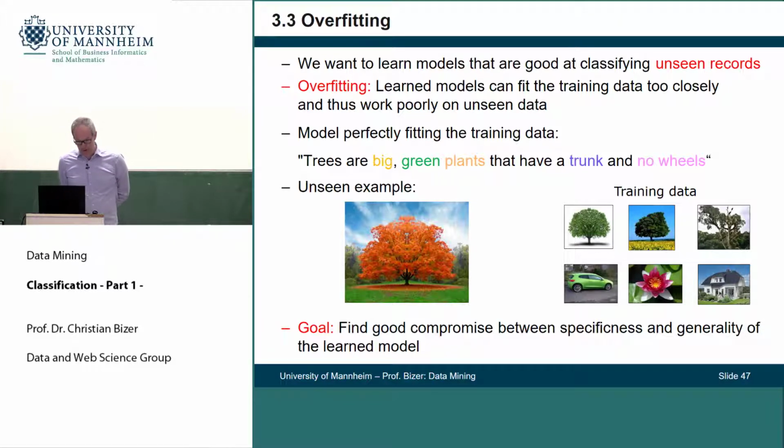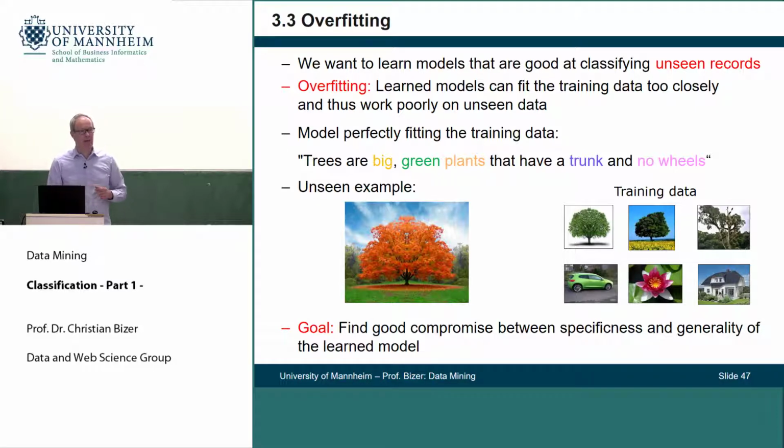We want to learn something about unseen, different customers. So yeah, we already had this example of the red tree. We've learned a model. The model, based on the training data, decided that green is a good attribute. Now we have an unseen example, a red tree.